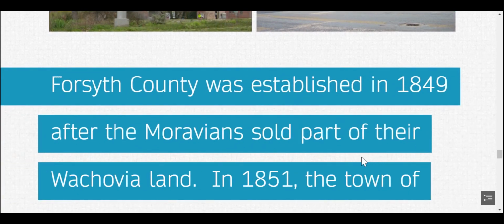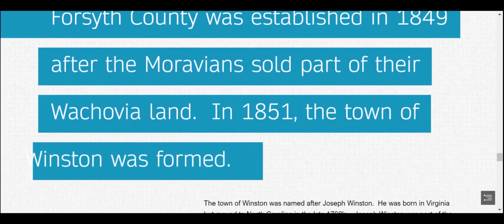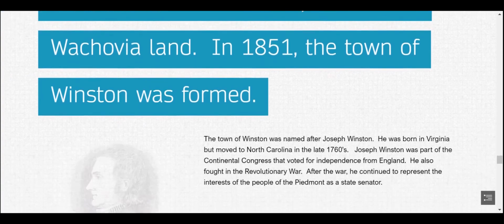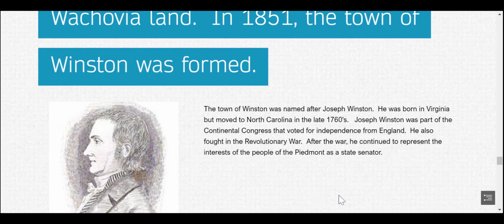Forsyth County was established in 1849 after the Moravians sold part of their Wachovia land. In 1851, the town of Winston was formed. The town of Winston was named after Joseph Winston. He was born in Virginia but moved to North Carolina in the late 1760s. Joseph Winston was part of the Continental Congress that voted for independence from England.